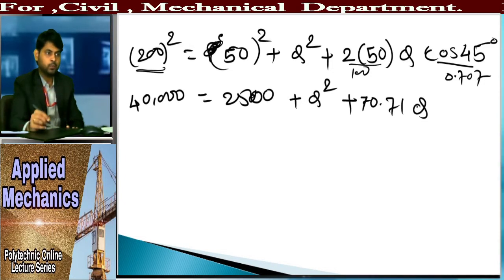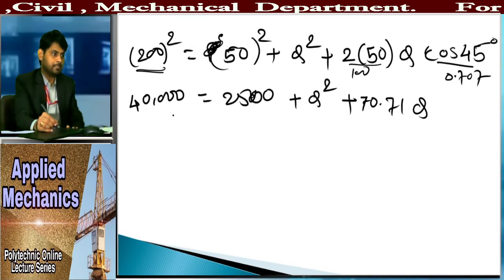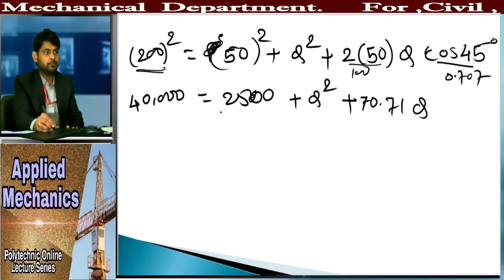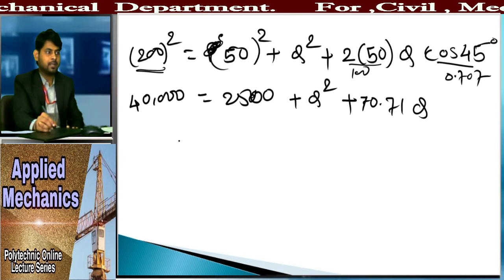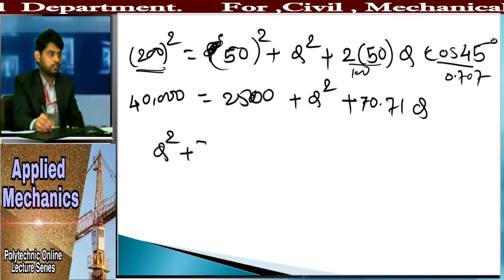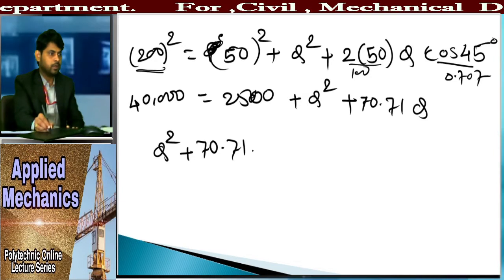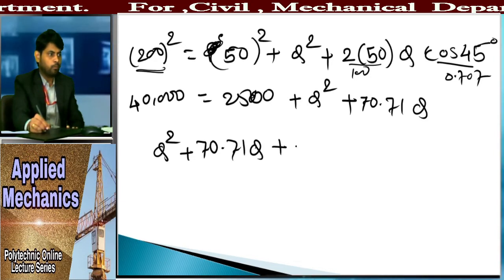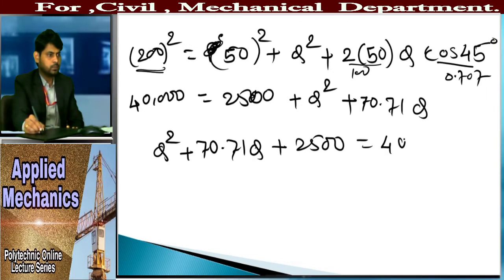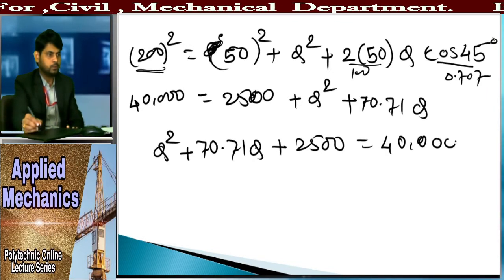So it is nothing but 70.71 Q, right? After that, this 40,000 is shifted to the right side of the equal sign. So your terms would be like this: Q square plus 70.71 Q plus 2500 is equal to 40000, right?